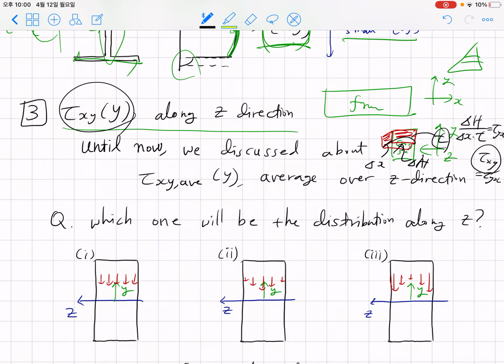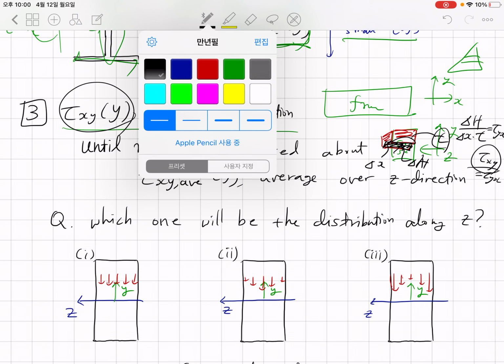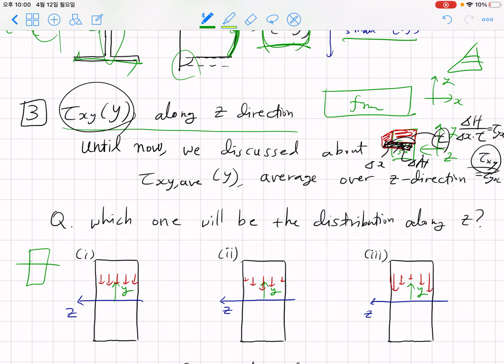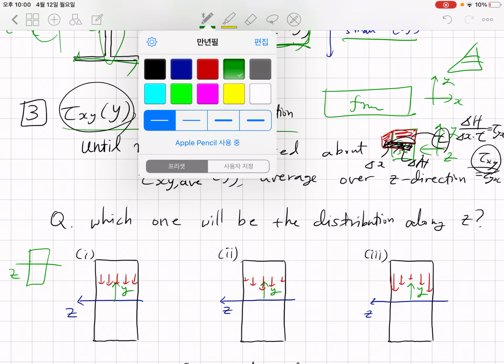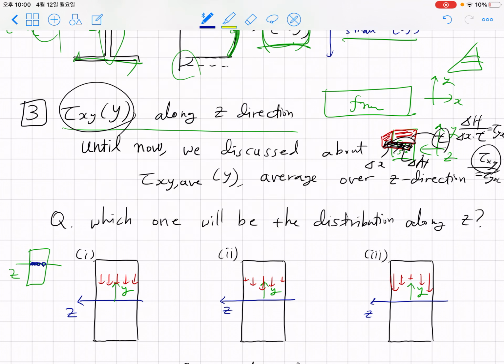However, because of the derivation itself, instead of the tau at a specific location of g, we considered this average stress over the entire plane. So if you consider the cross-sectional shape and consider g, we obtained the average stress tau xy at the y position, and that's what our equation only said.